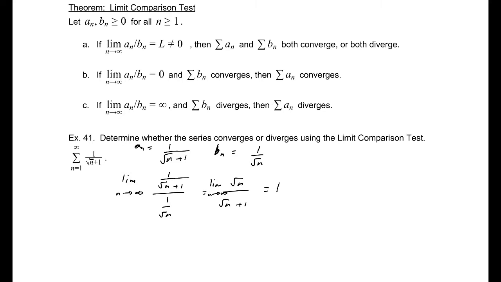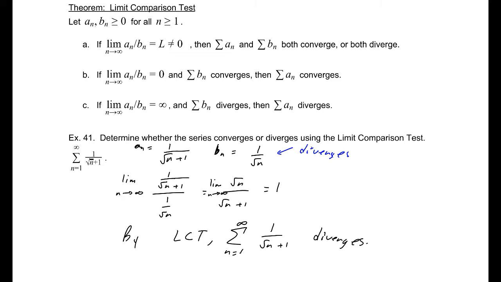So they either both diverge or both converge. This diverges. Okay, so by the limit comparison test, we can say that the sum from n equals 1 to infinity of 1 over the square root of n plus 1 diverges.